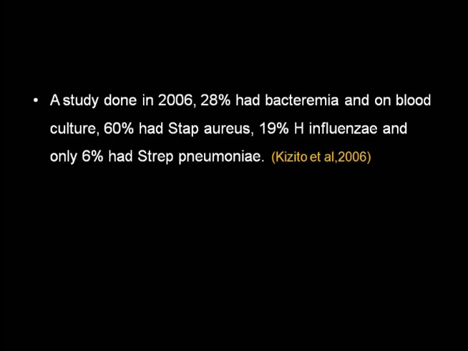My question is, do you still need Pen-V in patients with sickle cell anemia in Uganda? I've given you the epidemiology. Do you still need Pen-V in patients with sickle cell anemia in Uganda? Someone can do a study and let us know. Thank you.